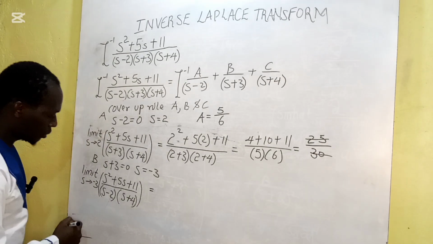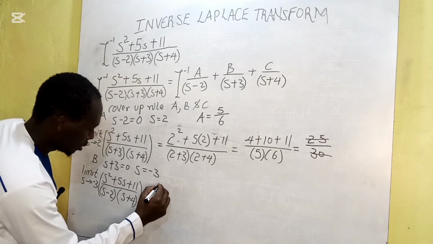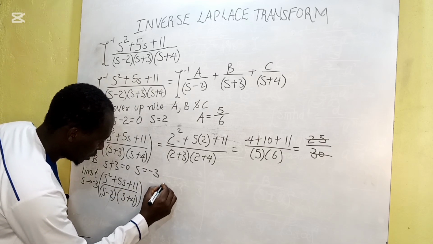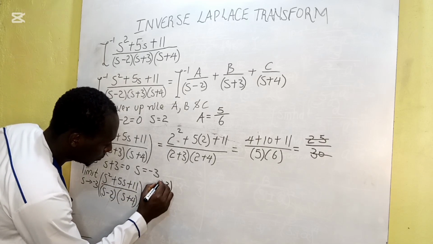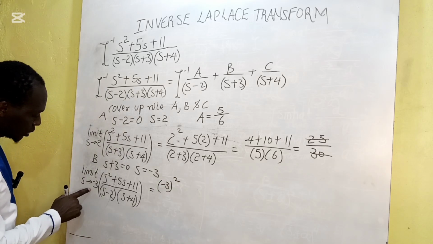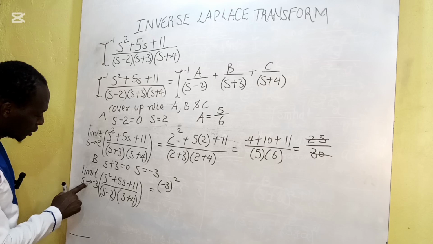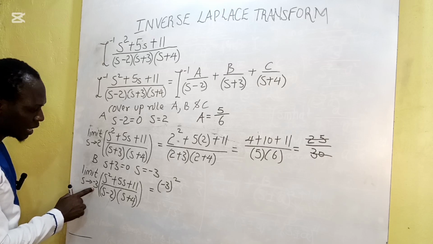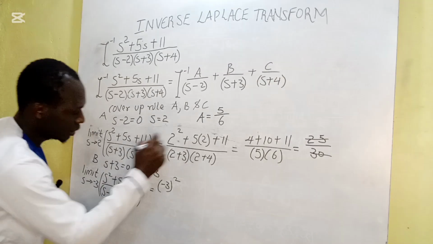Now we have negative 3 squared, because we insert the limit into the term of s where s approaches negative 3.